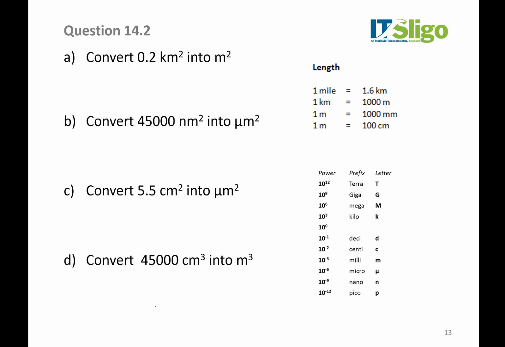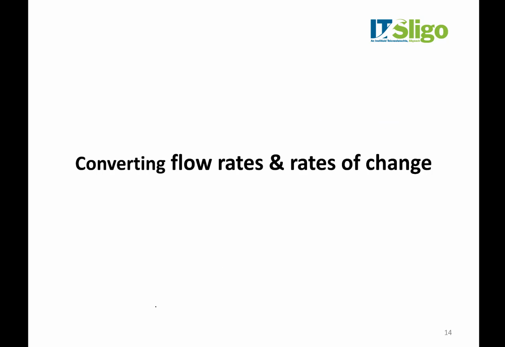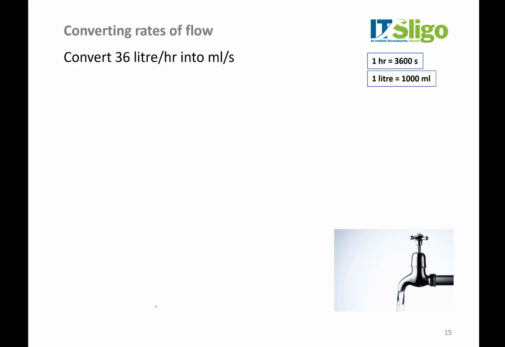So we'll push on, we look at the last technique, and this is converting flow rates and rates of change. This is where we have two unit conversions going on at the same time. So convert liters per hour, this is a flow rate, into milliliters per second.